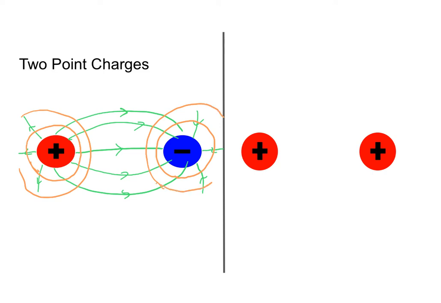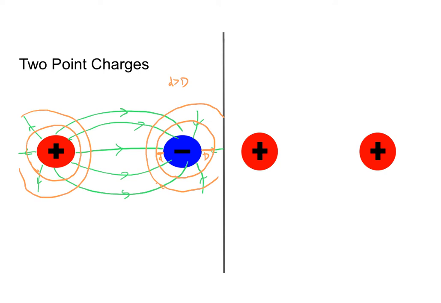One important thing to know about my equipotential surfaces around my charges is that the distance between them here is going to be bigger than the distance on the far side. So the distance between my equipotential surfaces between my charges is going to be different than the distance between the equipotential surfaces on the far side of my charges.